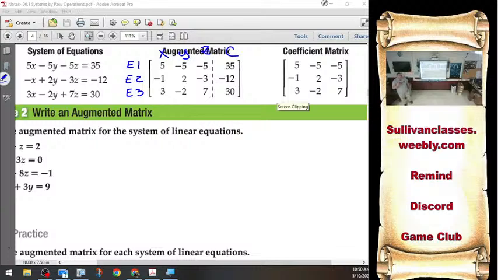Since I am organizing my system that way, I might as well just get rid of all the alphabet soup, because if I keep all of my x's in one column and my y's in one column and my z's in one column, if I'm allowed to move and swap any rows at any one time, that keeps all the stuff for that equation together. I don't need to put all the alphabet soup up there. I can just make a matrix out of it.